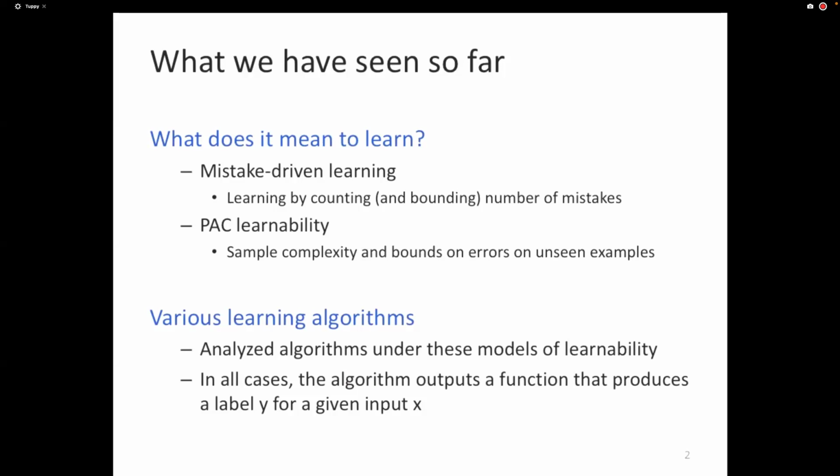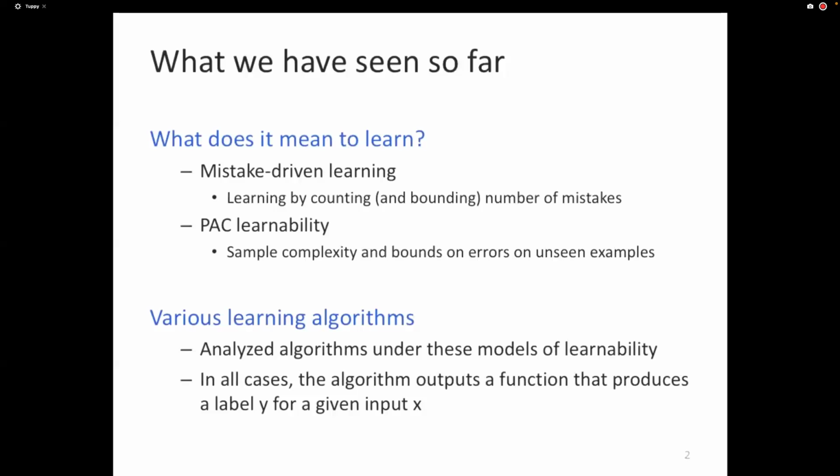Under the umbrella of PAC, we encountered SVM, we encountered boosting, and all that. And in all cases, the learner produces a classifier or a regressor, and that object takes a new instance and produces a label. It always produces a label.